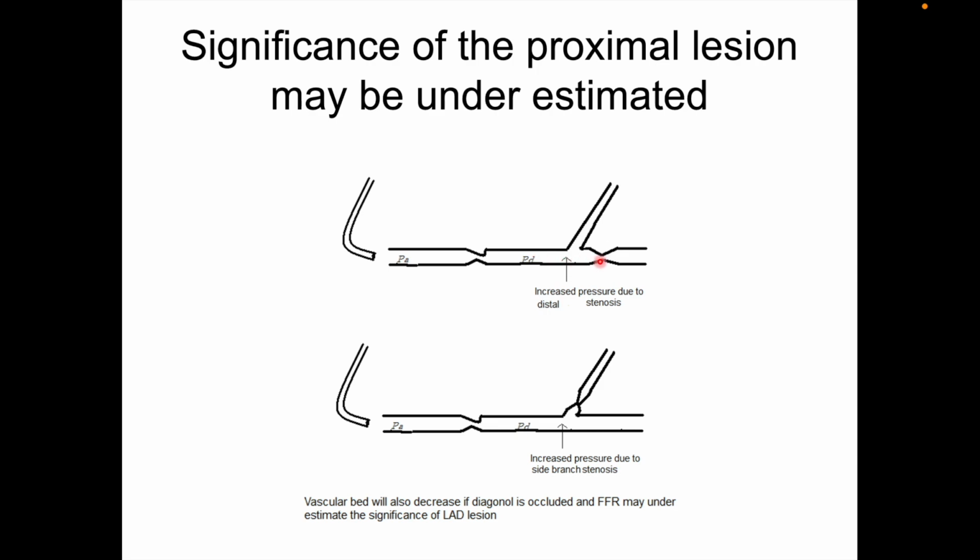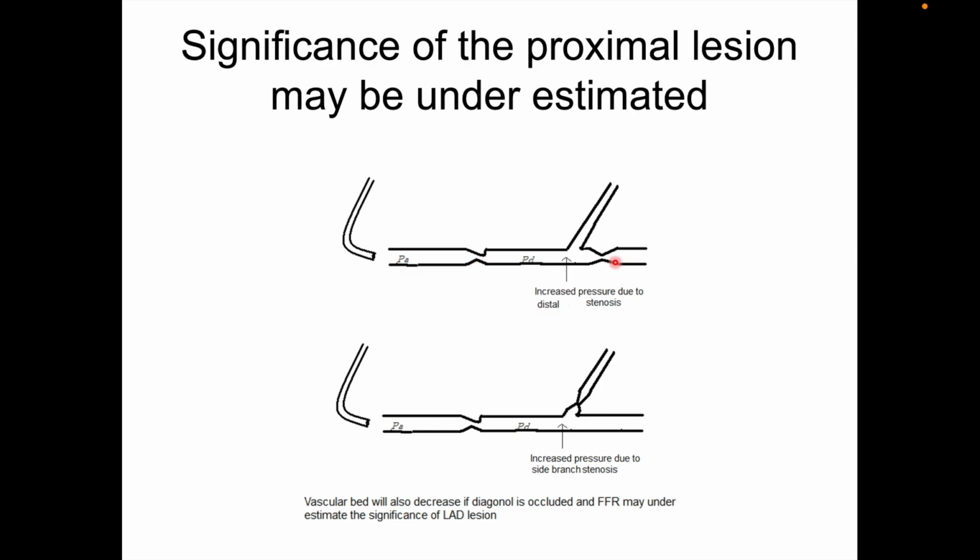Because before this stenosis, the pressure will go up over here. When the pressure goes up because of the distal stenosis, that means this PD value will go up because now the pressure sensor is here. So if the PD goes up, PD over PA, the FFR number will come out to be high. So there will be a falsely negative representation of this proximal stenosis.